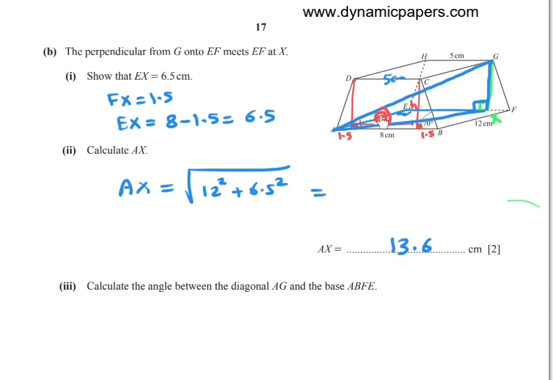Then we can find the angle using tan. GX is the height, 4.12, same. And the adjacent AX equals 13.6. So theta, the angle, equals tan inverse of 4.12 over 13.6 equals 16.9 to 1 decimal place.